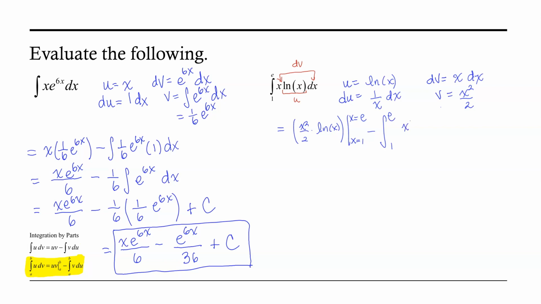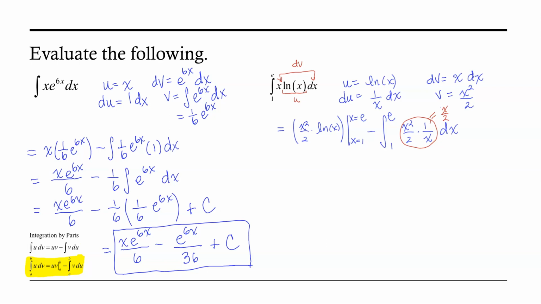So we'll have x squared over 2 times 1 over x dx. And actually, that's not too bad because this integrand is going to simplify. Let's see, x squared over x just becomes an x, so this becomes an x over 2. And that's a much simpler integrand than what we started with, so that's a good thing.